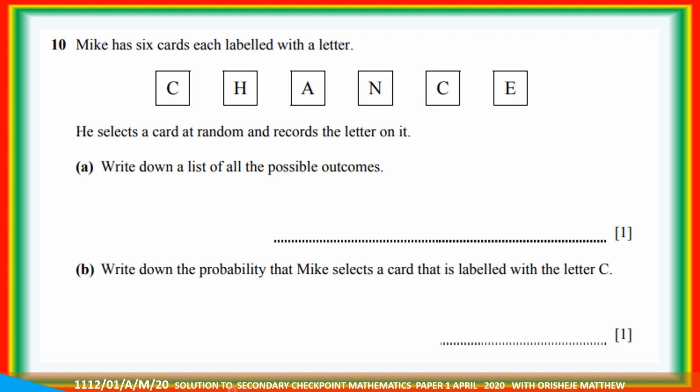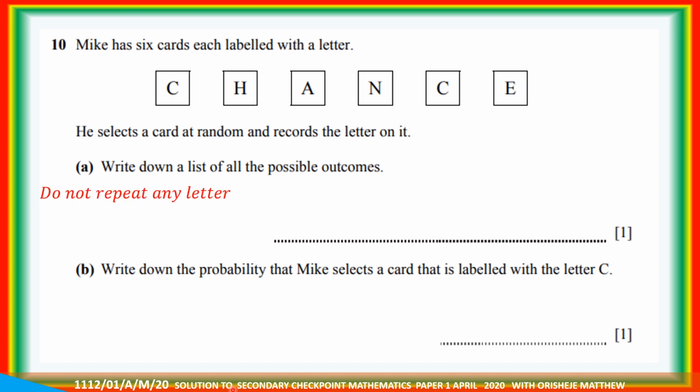What we are trying to test here is that in probability, with repeated letters, you don't know the difference between the two C's because they are the same letter. So you count the two C's in this particular word as one possibility. So write down all the possible outcomes.